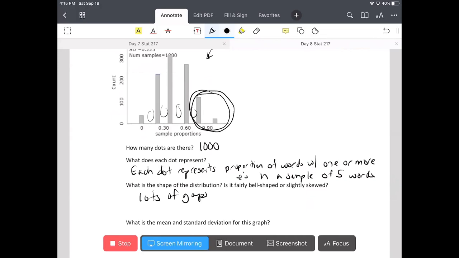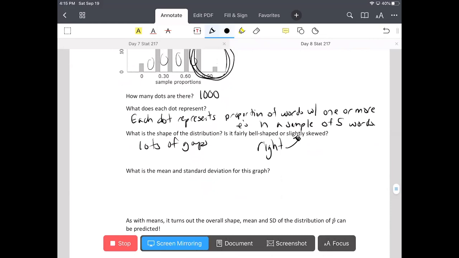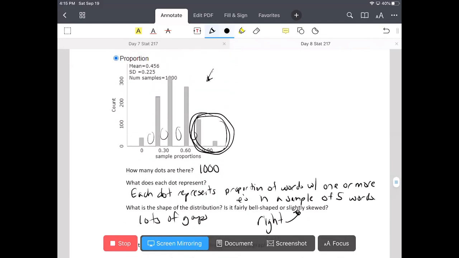Whatever's pulling it is what side it's skewed to. So looking at this, would you say right or left skewed? I'm going to say it's right skewed, because there's more over here that's pulling that mean up. The mean and standard deviation for this graph are reported to you right here.